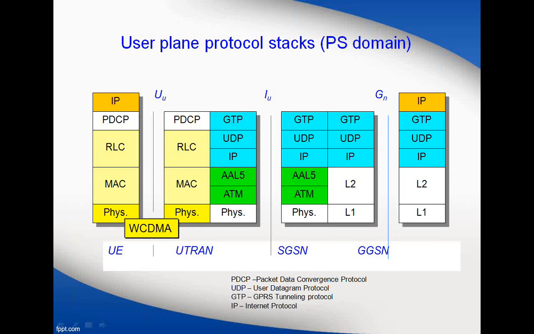That is the reason why we have GTP, UDP or IP in these particular layers and not in those layers. So we can understand the basic difference: when your network is getting enhanced and your interfaces are different, depending upon the functionalities, you are going to have the protocols involved and mapped against each other.